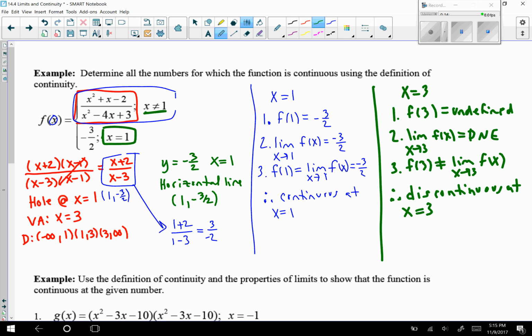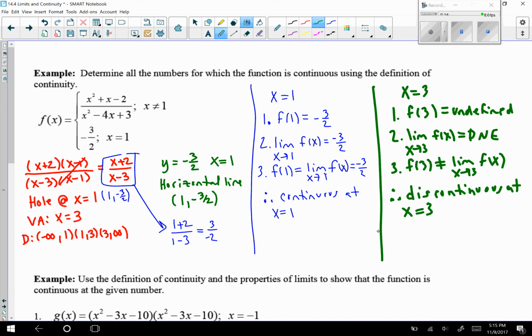So that tells us then that the graph for this piecewise defined function is going to be continuous at every x value except for an x value equal to 3.